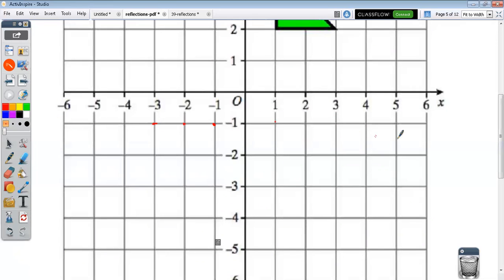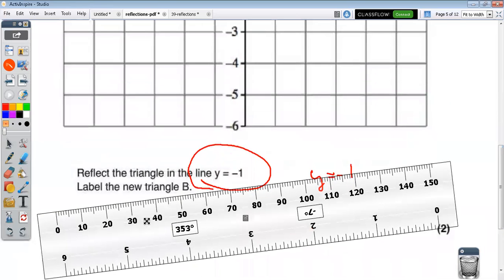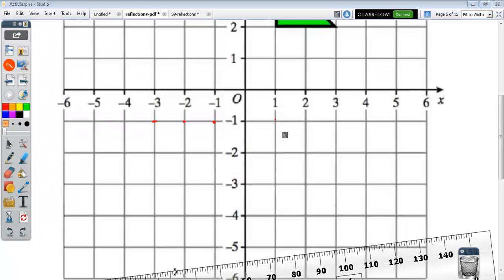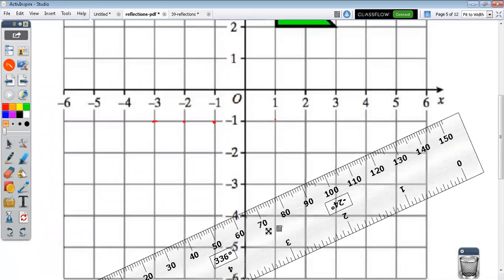So this line that I'm going to draw, where is my ruler? This line that I'm going to draw now is the line y is equal to -1. That's what you get now from your syllabus.